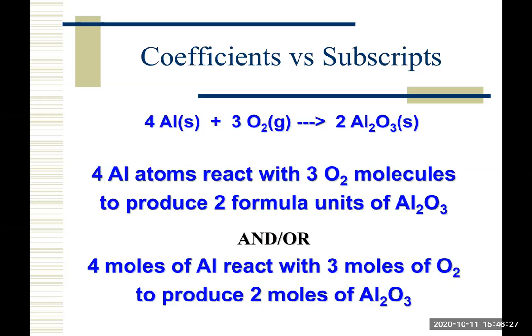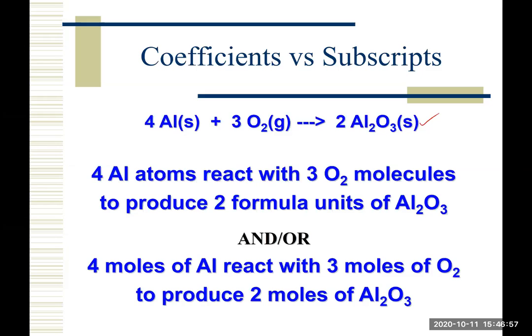When we read these coefficients, we can read them either at the atomic level or at the molar level. And so reading this balanced chemical reaction equation at the top of the screen, we could say that we have 4 solid aluminum atoms reacting with 3 gaseous oxygen molecules to produce 2 formula units of solid aluminum oxide.